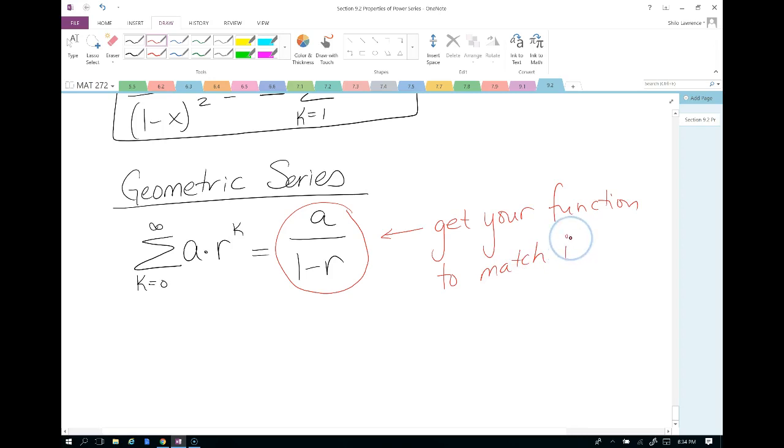And there are two key things here that we have to make sure always match. And that is the 1 and the minus. Those are super important. That 1 must always be 1. And then we must always have subtraction.